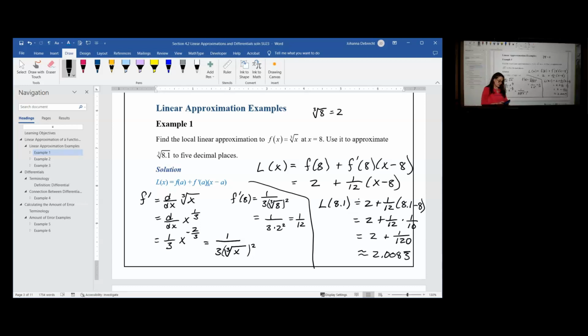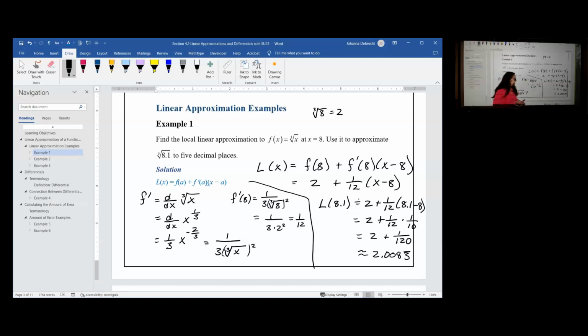Grab your calculator now and compute what the cube root of 8.1 is. The cube root of 8.1 on my calculator comes out to be 2.00829885, and it keeps going.